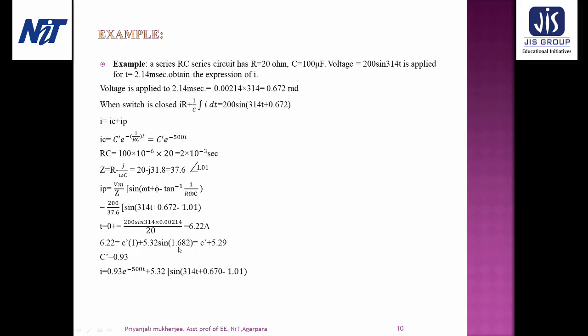If we calculate this equation, we find the value of C equal to 0.93. So the response is 0.93 e to the power minus 500t plus the steady part, that is 5.32 into sin(314t plus 0.672 minus 1.01). So this is the overall expression of the current.